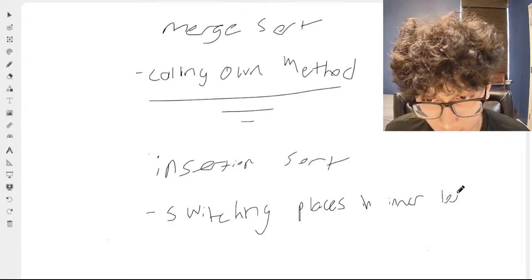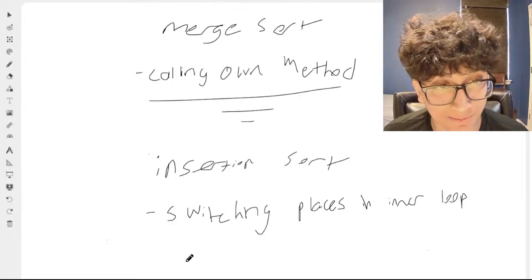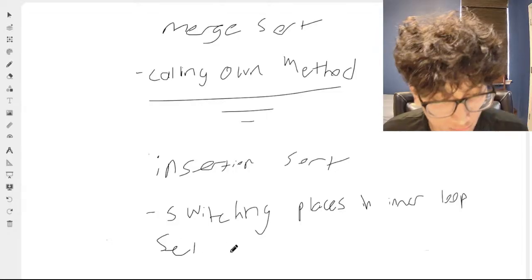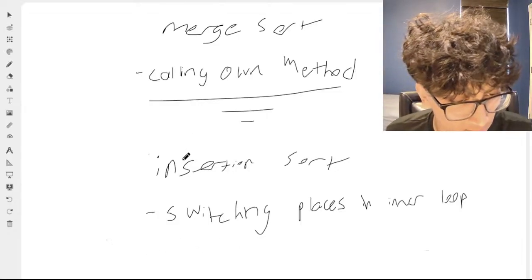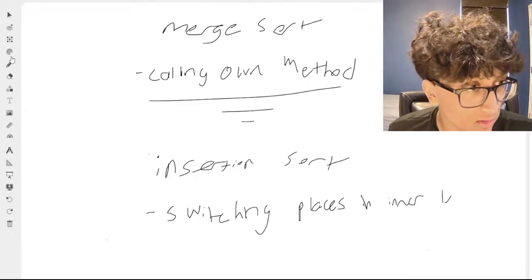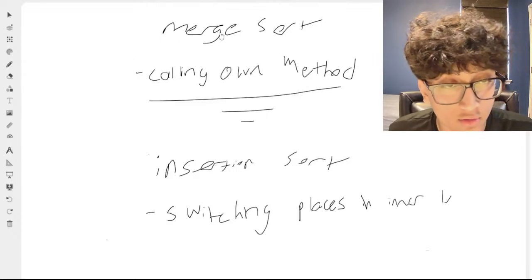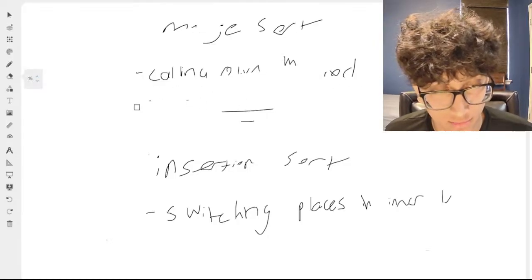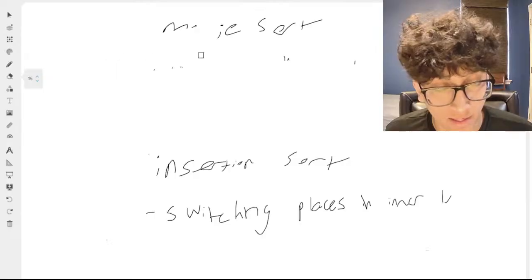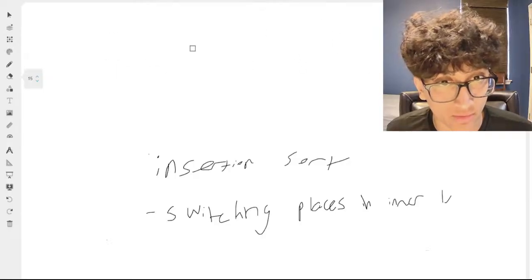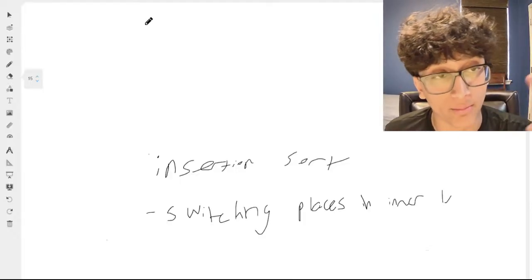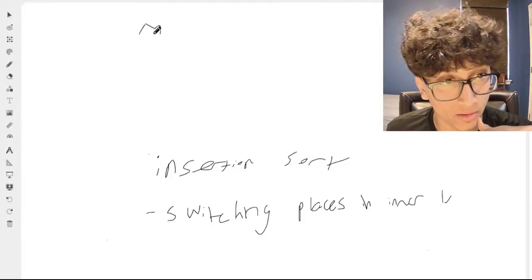And then for selection sort, I guess you could say, let me erase this merge sort thing. For selection sort, a pretty good thing to look out for is just if it's going through the entire array and it has that sort of constant variable that's like keeping track of what the minimum is in the for loop.